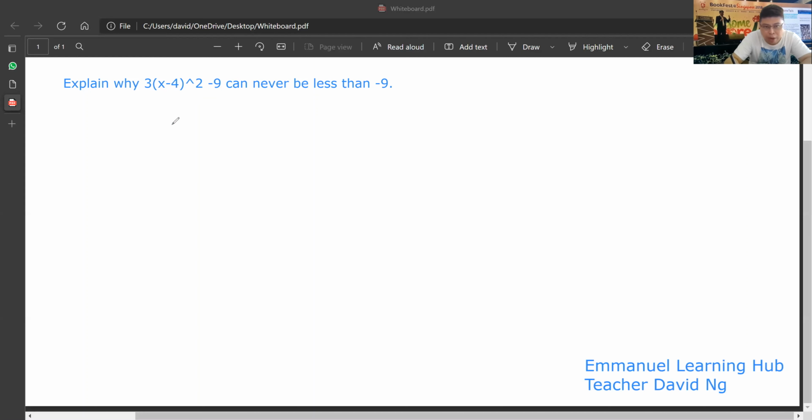Because it's square, square means something squaring. It's like a minus b squared. You have something square. What does that imply?